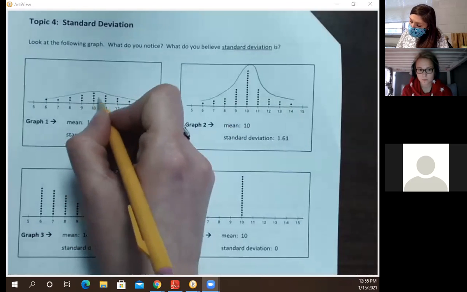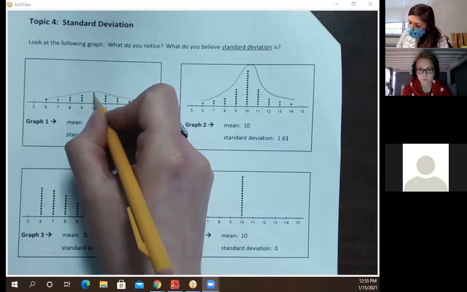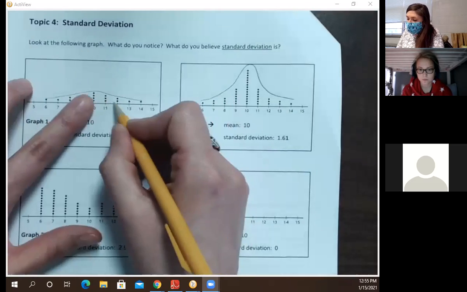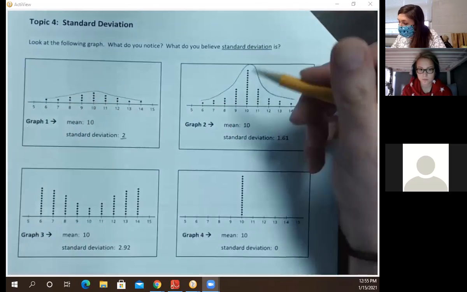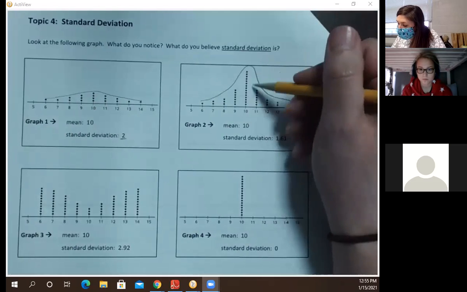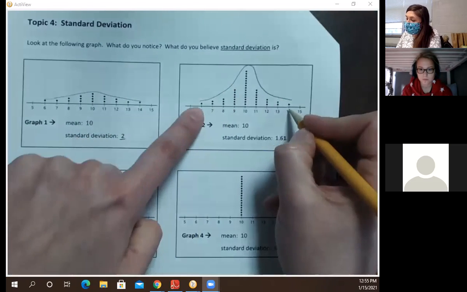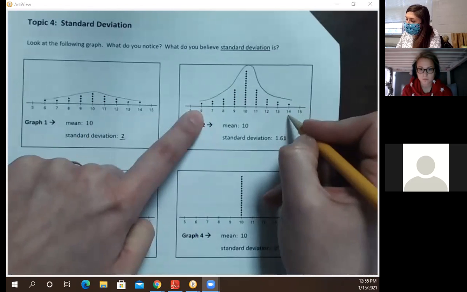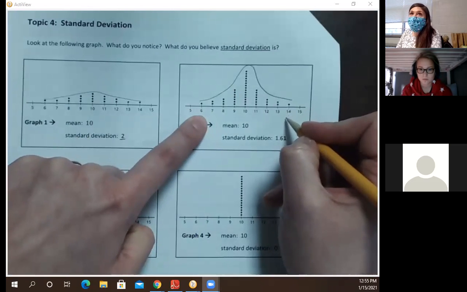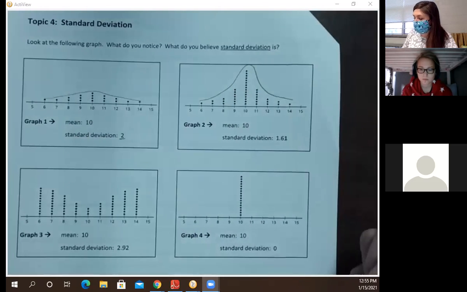Here, my mode of 10 was only 4, and then I tapered down to some 1s. But here, my mode of 10 is much bigger, and then I taper off very quickly to those final values, those extreme values, my minimum and maximum just being 1. Okay, so I've got a very tall bell here.